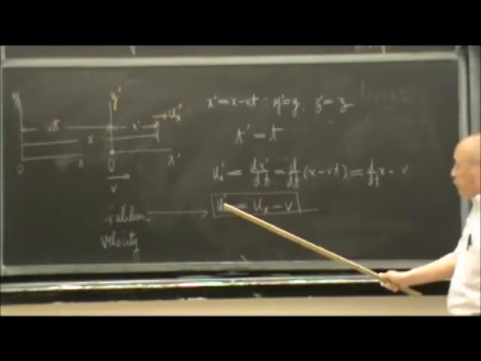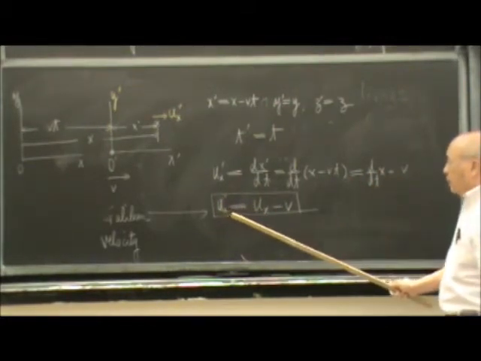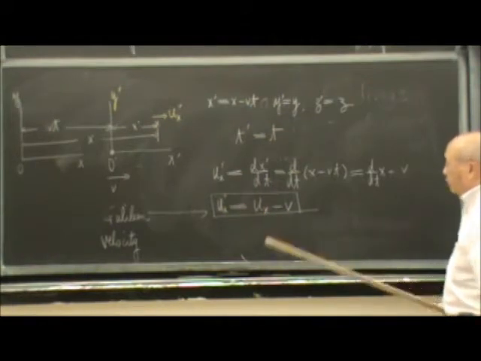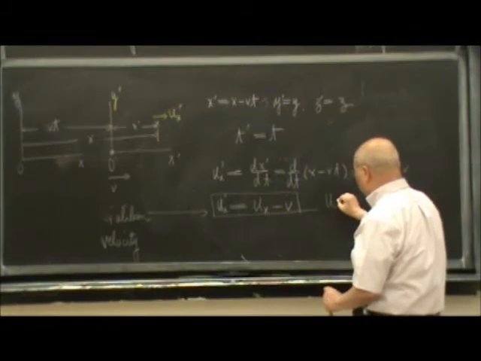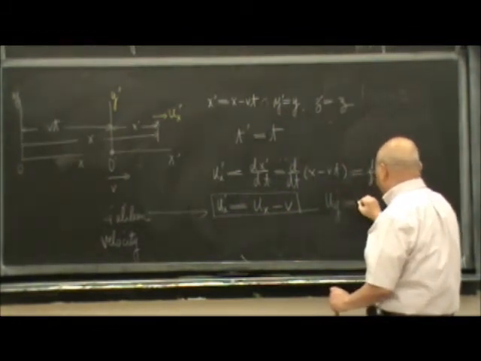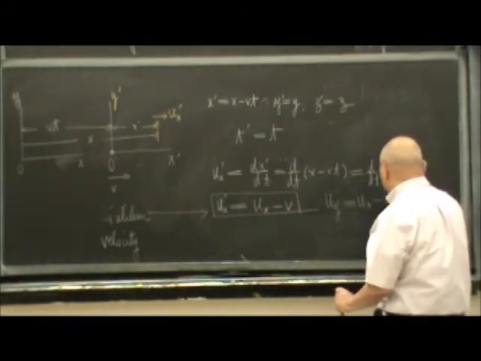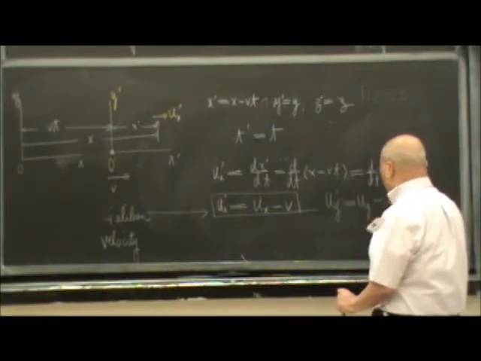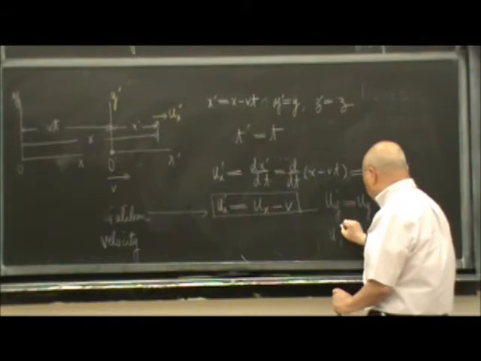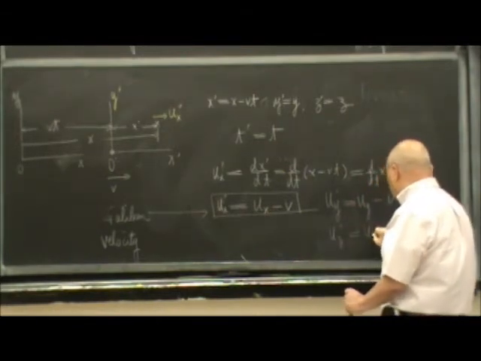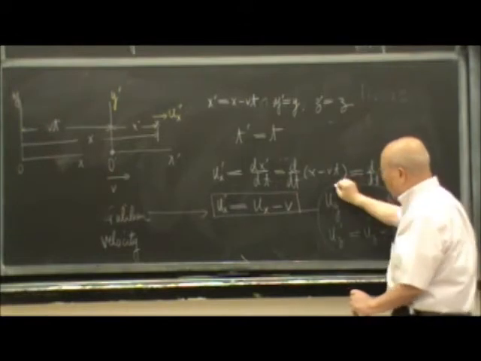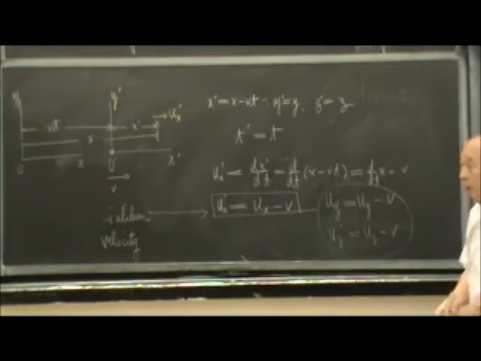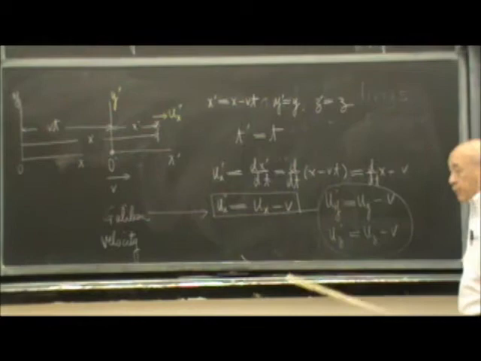Then you have the relationship ux prime equal to ux minus v. From this, you can derive the same thing: uy prime equal to uy minus v, and uz prime equal to uz minus v. So the whole series of relative velocity is established.